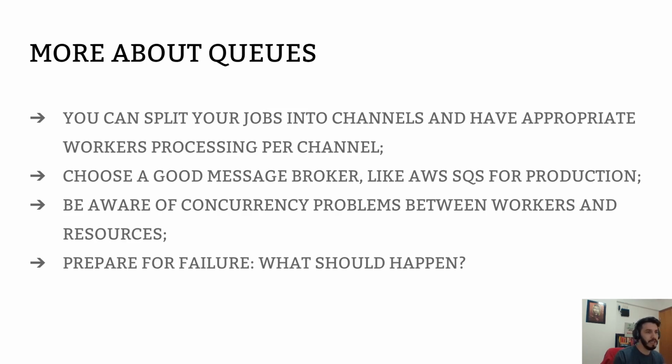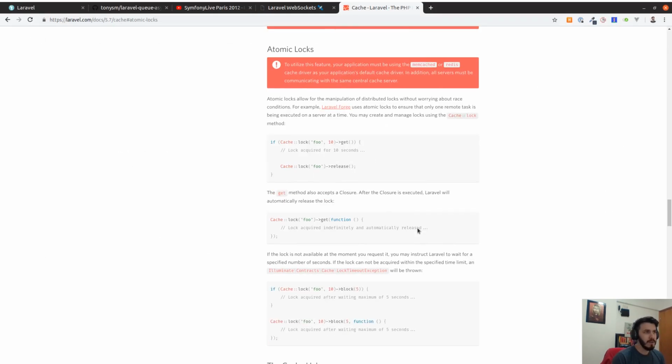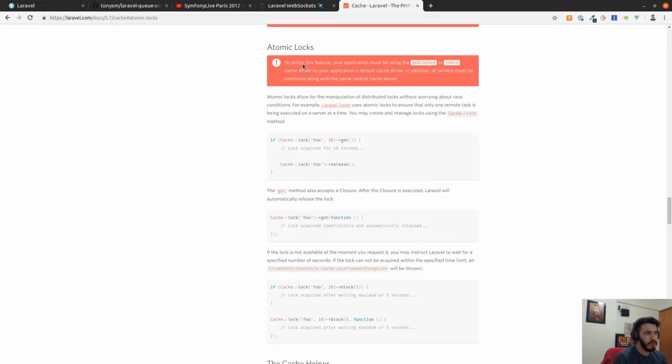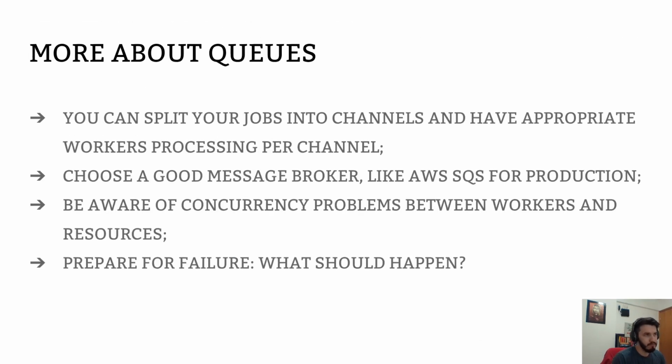They can be updating, and something can be lost, or some problem can occur, like achieving some lock in the database or whatever. There are some ways to mitigate this. Laravel also offers an atomic locks feature that you can use. So be aware of that.